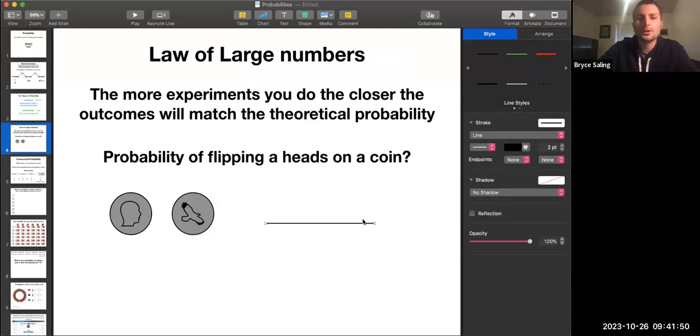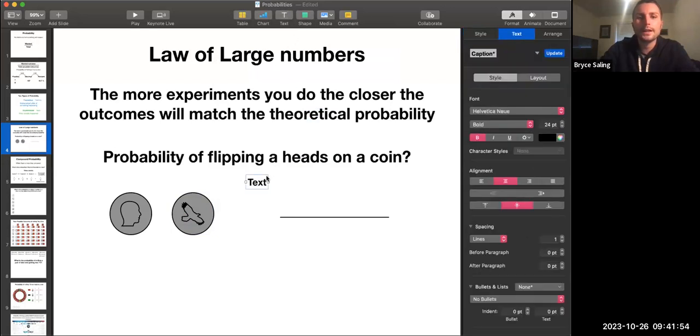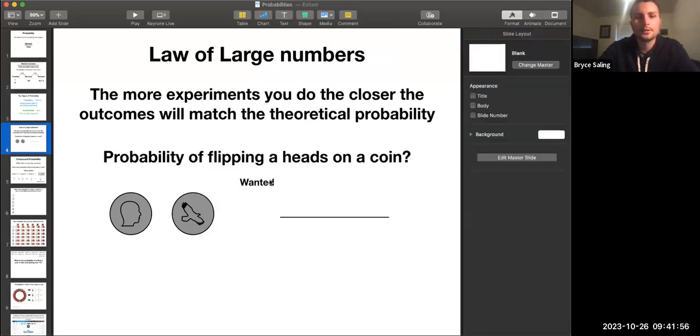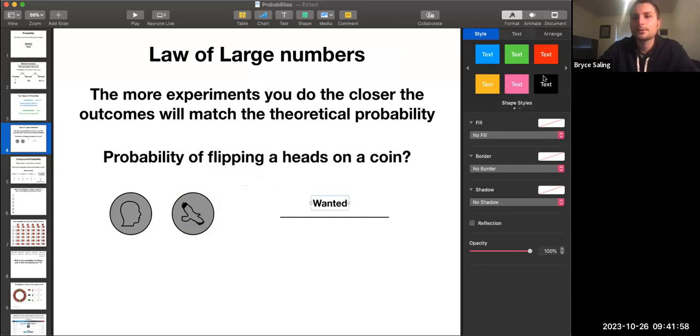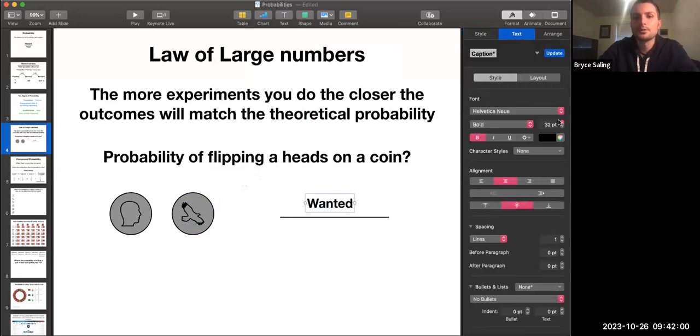Remember, we first draw our fraction here, and on top we have our wanted outcomes, over our total possible. Our wanted outcomes is we want a heads, so that's a 1.